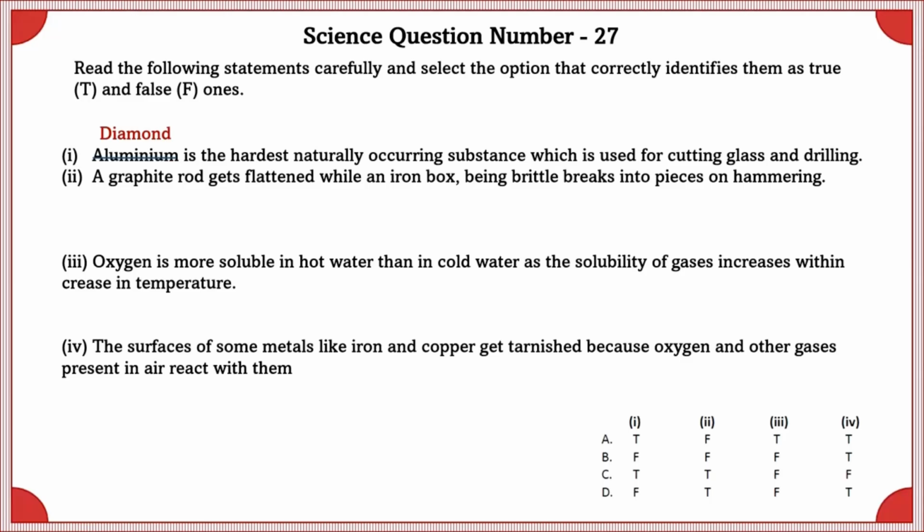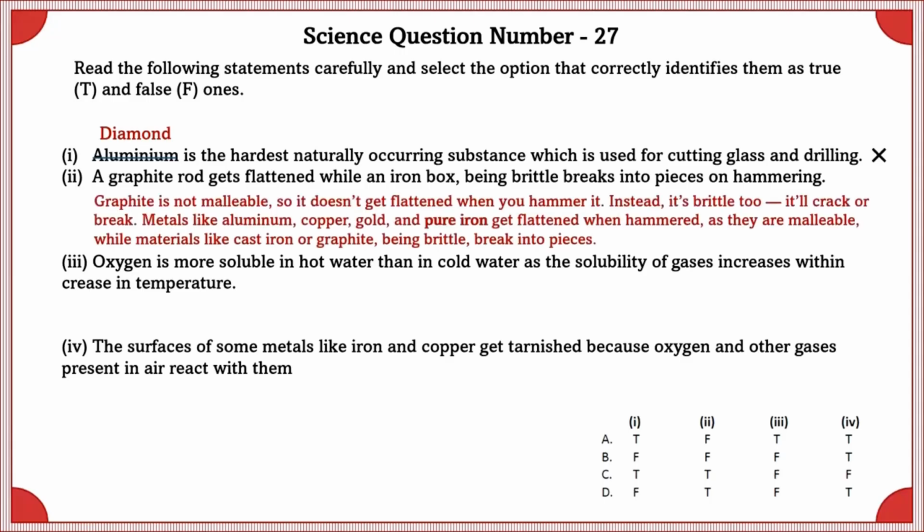Graphite rod gets flattened when hammered, while an iron box being brittle breaks into pieces on hammering. Graphite is not malleable, so it does not get flattened when you hammer it. Instead, it is brittle. It will crack or break. Metals like aluminum, copper, gold and pure iron get flattened when hammered as they are malleable, while materials like cast iron or graphite being brittle break into pieces.